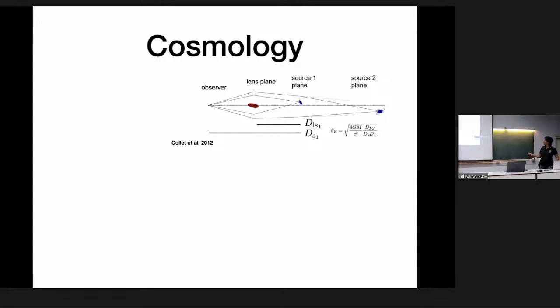So if you have this kind of system, we have distance measurements not only to one redshift plane but also another redshift plane. And so in these cases, what happens is that we are able to measure two, instead of one, Einstein ring. Now we have measurements of two different Einstein rings.